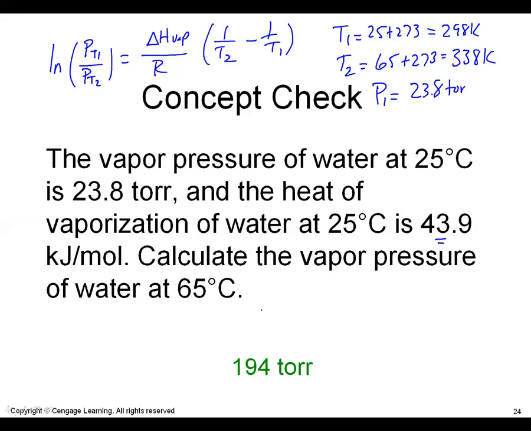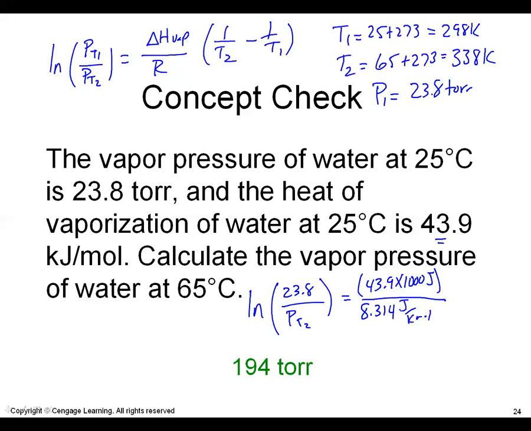So if we put this in, the natural log of our P1, which we'll call 23.8, over our P at T2, equals our delta H, 43.9. I am going to multiply it by 1,000, because R is 8.314 joules per Kelvin per mole. If you leave this in kilojoules and the bottom is in joules, you will be off by a factor of 1,000.